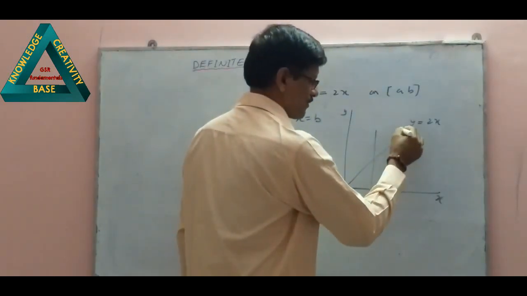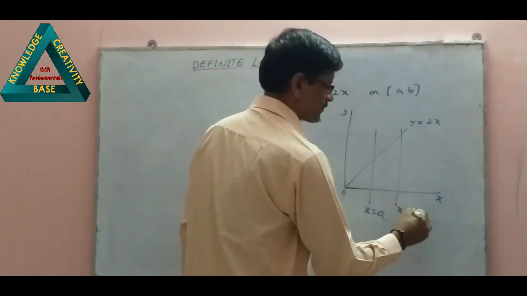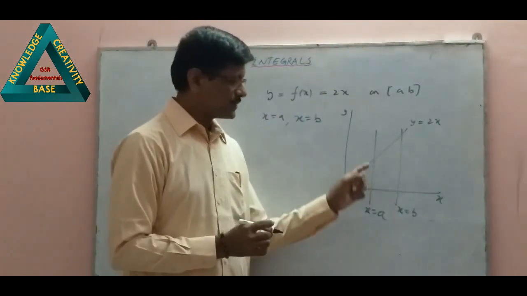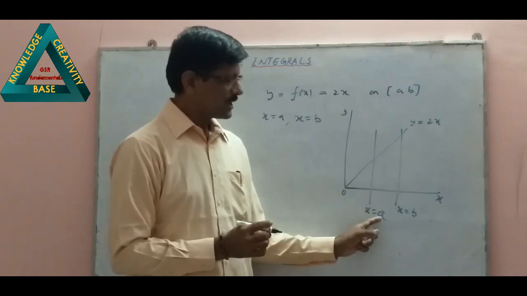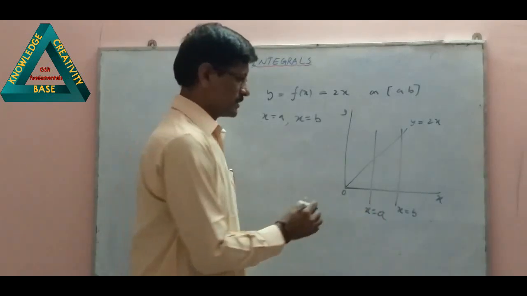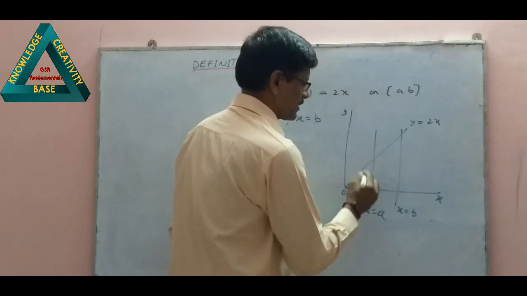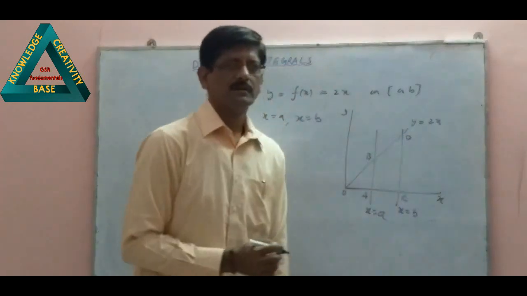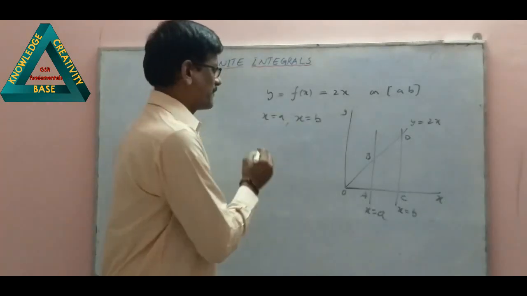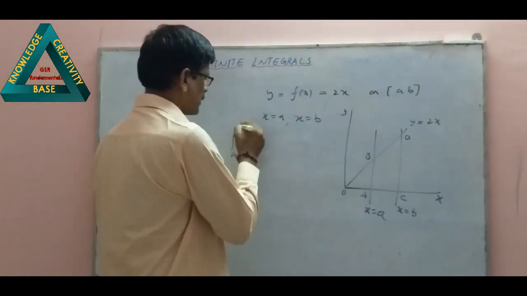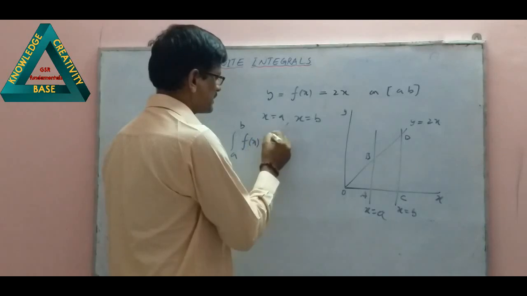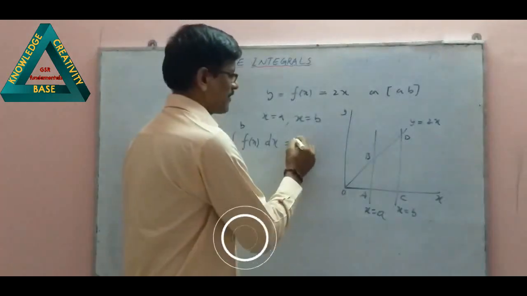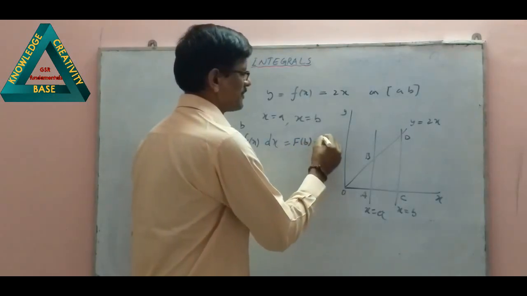So the curve y is equal to 2x passing through the origin, enclosed with two lines, x is equal to a, x is equal to b. This is origin, A, B, C, D. So the definite integral, that means integral a to b f of x dx represents F of b minus F of a.